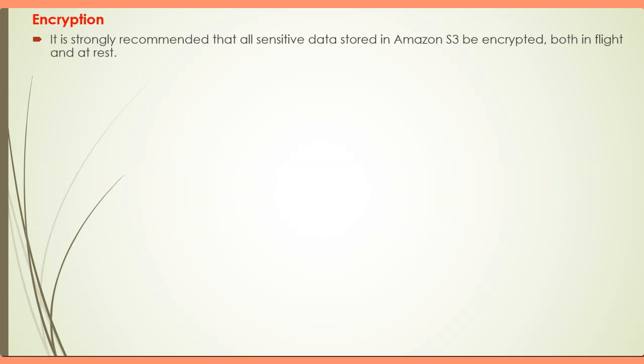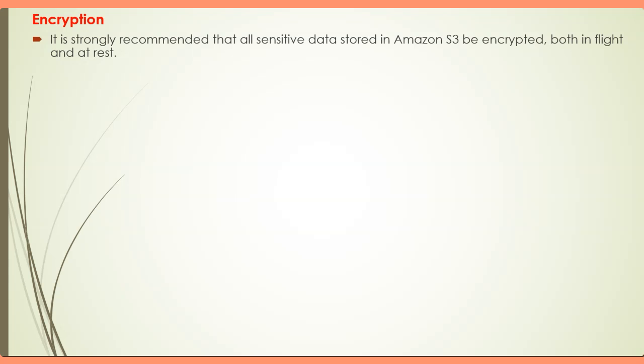Another topic is encryption in S3. You can also encrypt your data at rest in your S3. It is strongly recommended that all sensitive data stored in S3 be encrypted both in flight and at rest. Whether you are transmitting the data, it should be encrypted, and if it's inside your S3 at rest, it should be encrypted.